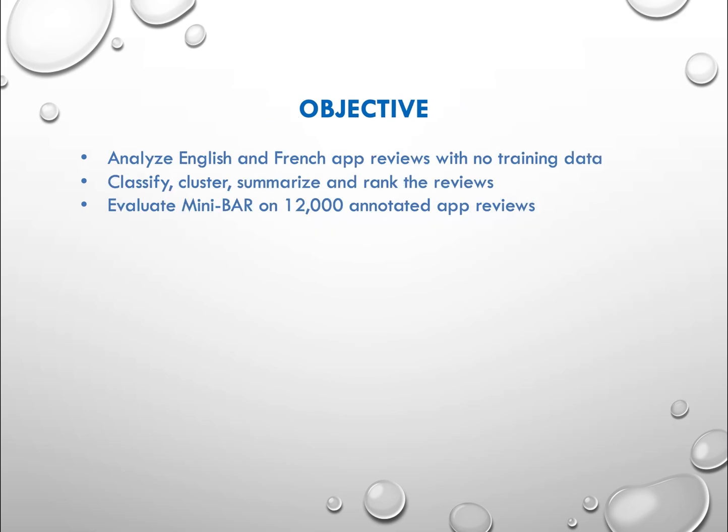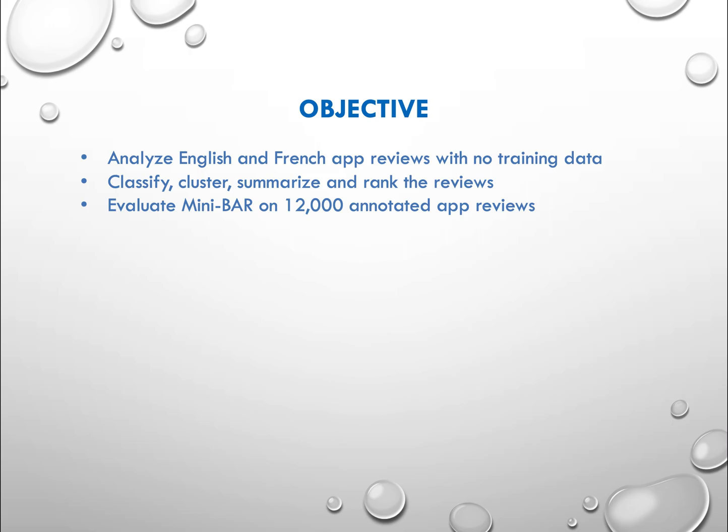So, let's see what the objective of this research is. The authors of this paper set out to investigate techniques which can analyze both English and French user reviews without requiring any labeled training data whatsoever.